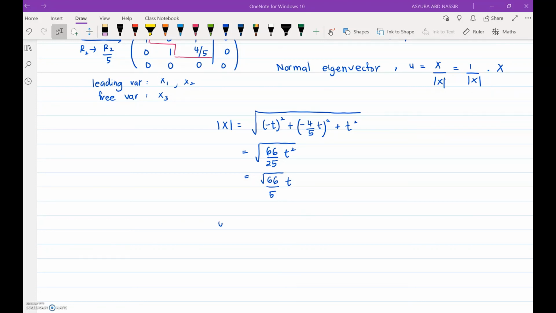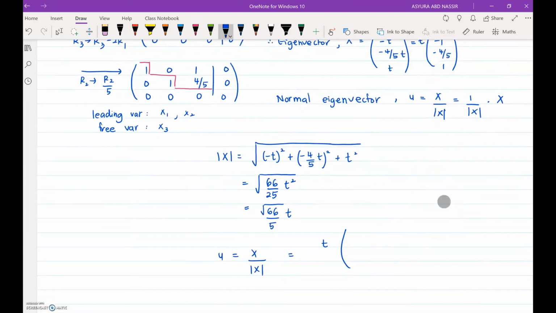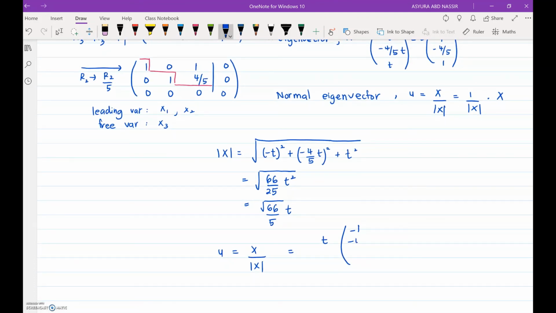We have u is x divided by magnitude of x, so we get t times negative 1, negative 4 over 5, 1, divided by the magnitude of x, which is square root of 66 over 5 t.